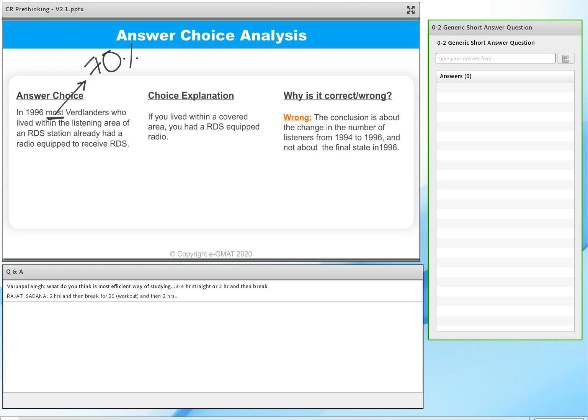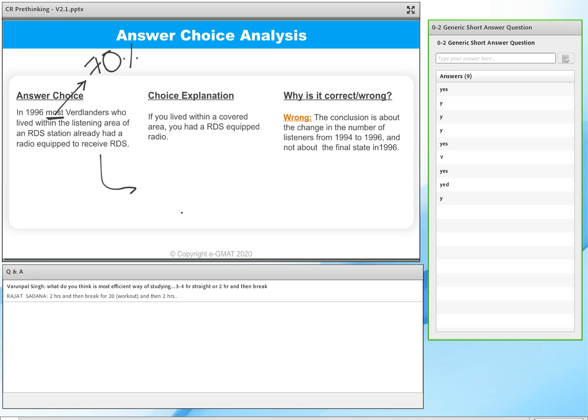So what this answer choice translates to is, in 1996, 70% of all Vs who lived within a listening area had a radio equipped to receive RDS. Everyone okay with that translation?